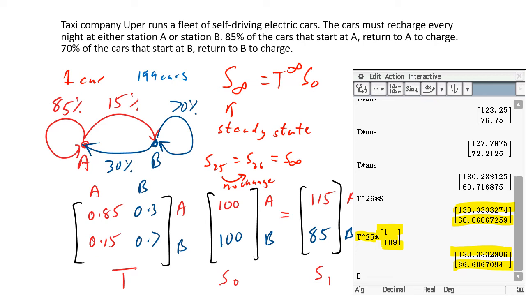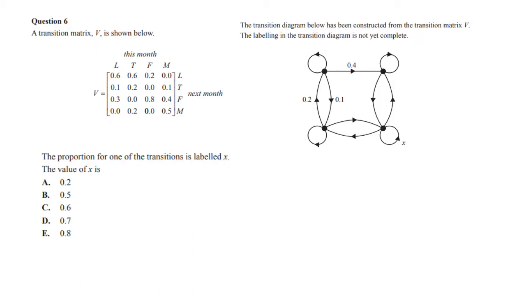Remember that phrase I was saying? If you see that phrase, in the long term, that's a very important phrase there, then you'll know that it doesn't matter what your S0 is. Okay, a lot of theory, but this does tend to dominate the matrix part of the exams.